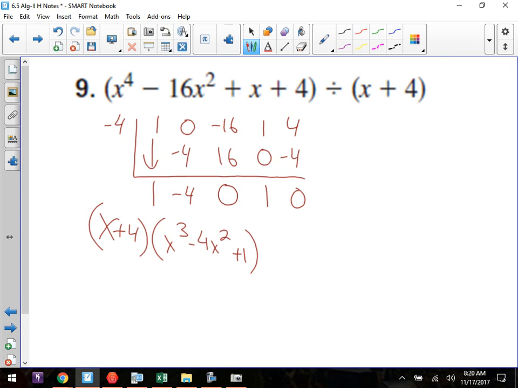It looks like it's going to be god awful, but it really isn't. What's going to suck with this is that you're going to have to do it like 4 or 5 times before you find a zero. But as you get good at synthetic division, it's super fast.